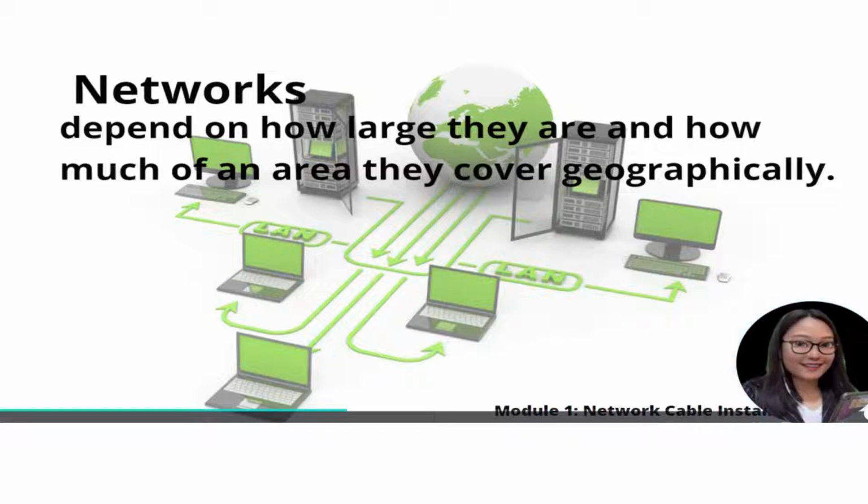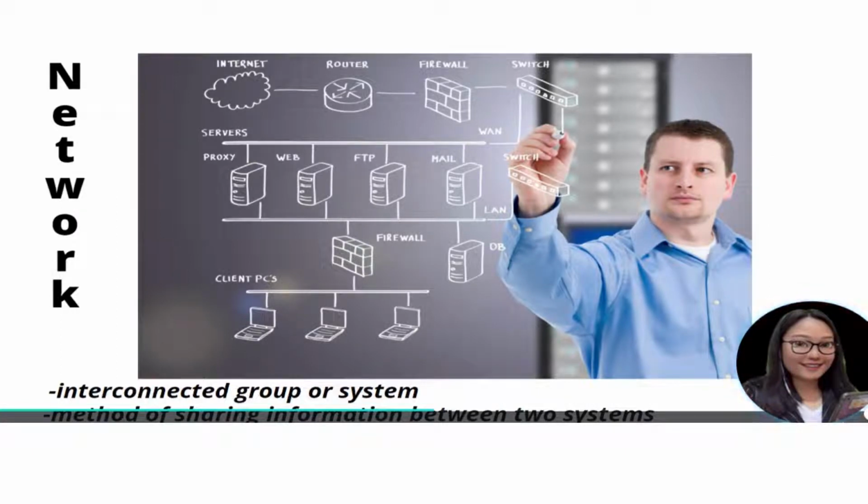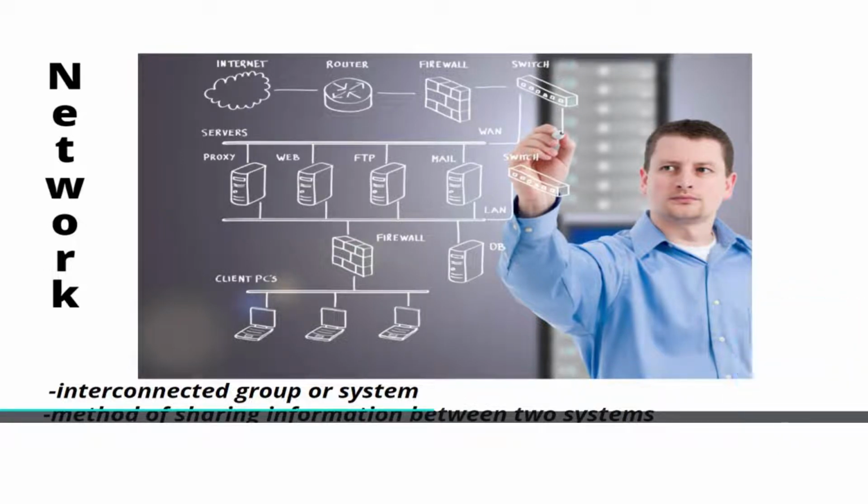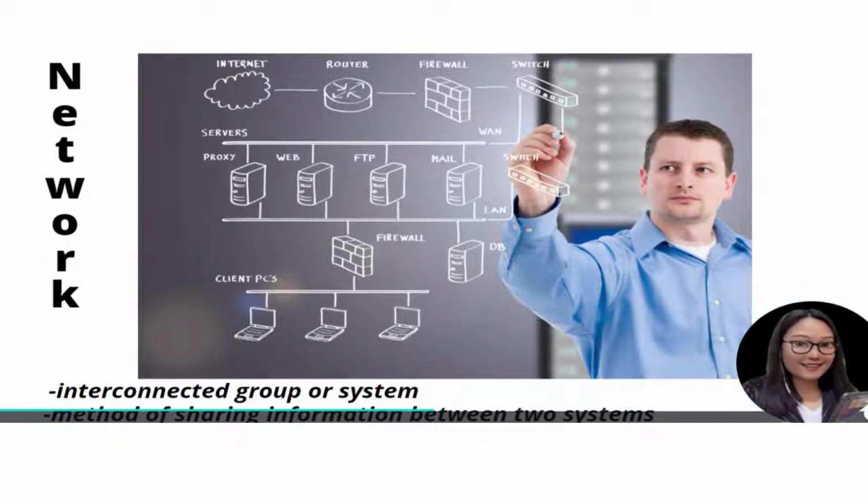In general terms, a network can refer to an interconnected group or a system. In other words, a network is a method of sharing information between two, so more than one, that's two systems.